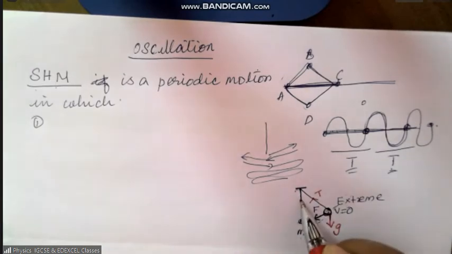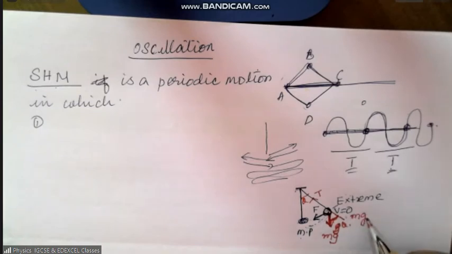All right. If this angle is theta, this angle also would be theta, right? Now this force is not just G, the weight mg. This force will be its weight. So this force can be resolved, if this is theta, one along this as mg.